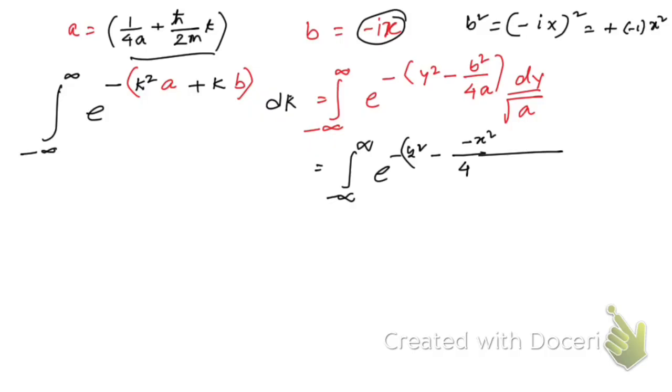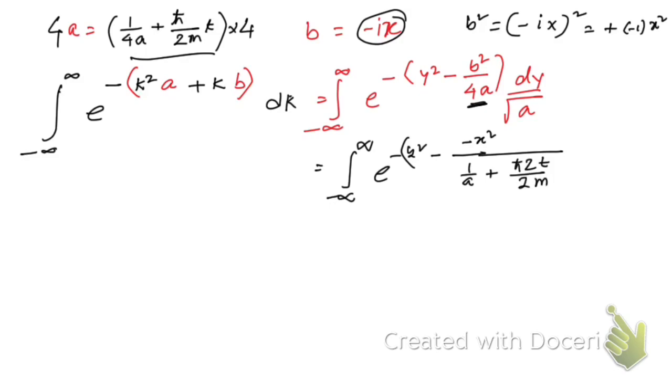If you put this value of a here, then what are you going to have? 4a. If you multiply 4 here, then what we're going to have? Because we have here 4a, so if you multiply 4 here and here, then what you're going to have? 1 by a plus h cut 2t by twice m.